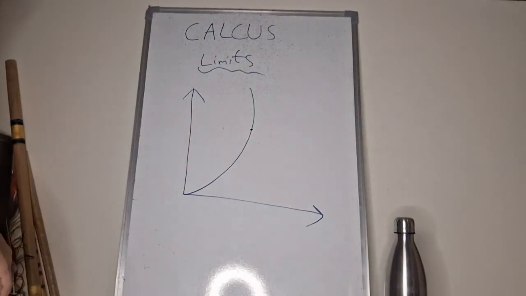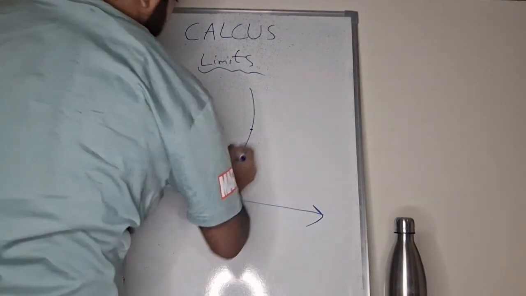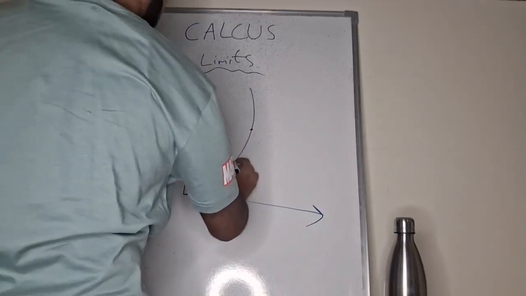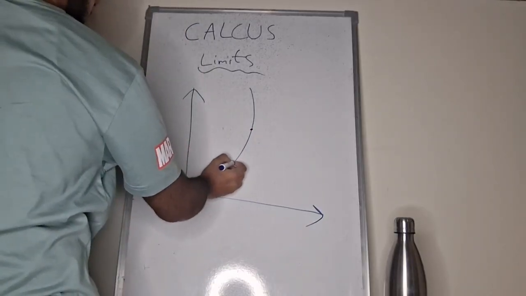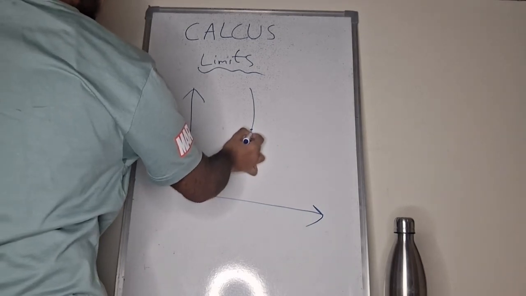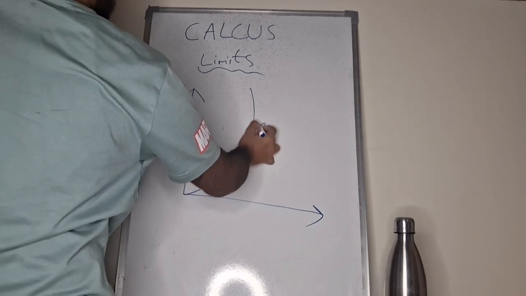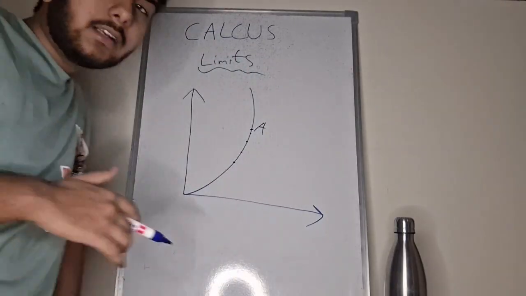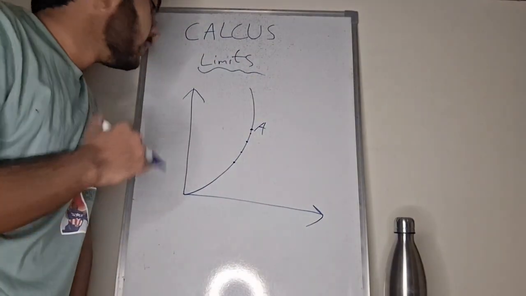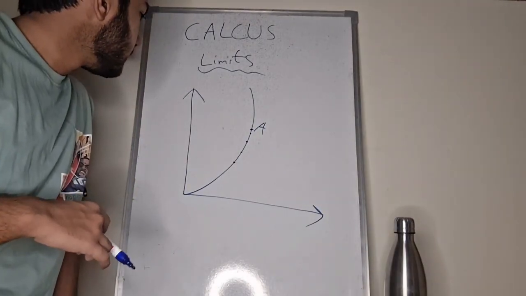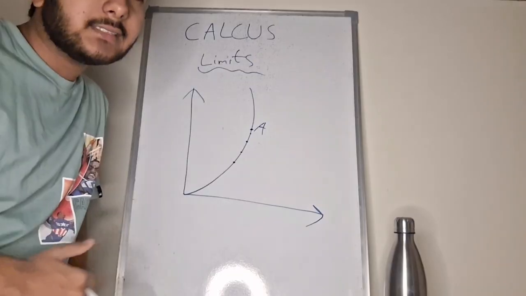So, what we do is that as you bring this reference point closer and closer to this original point, which we call A, the rate of change at this point in time becomes, you could say, more accurate, more precise.